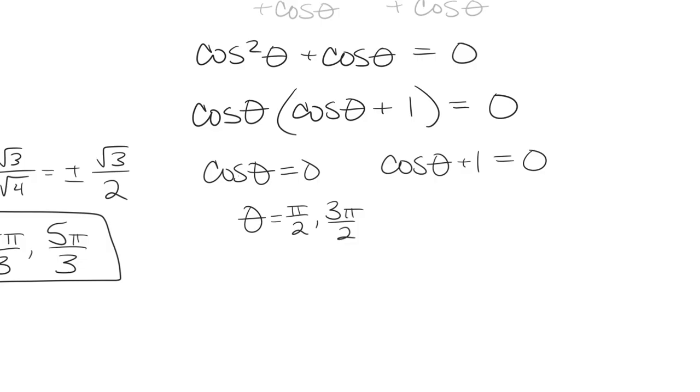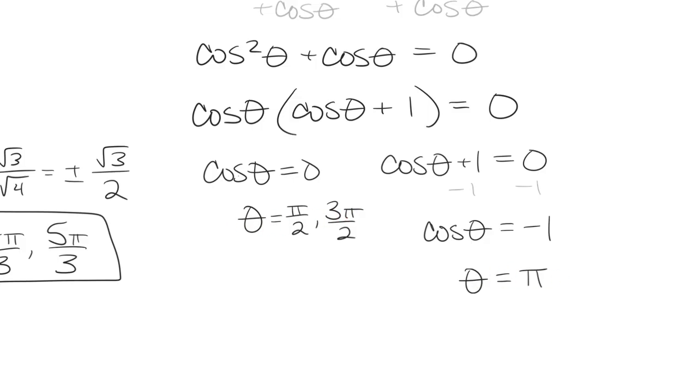If we solve this one so cosine is by itself, I'm going to have to subtract 1 on both sides before I get cosine of theta equal to negative 1. Where is cosine of theta equal to negative 1? The angle that makes cosine equal to negative 1 is pi. So I have three angles that I am saying would solve this equation. 1, 2, 3.